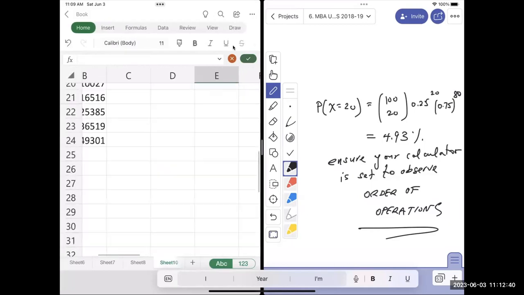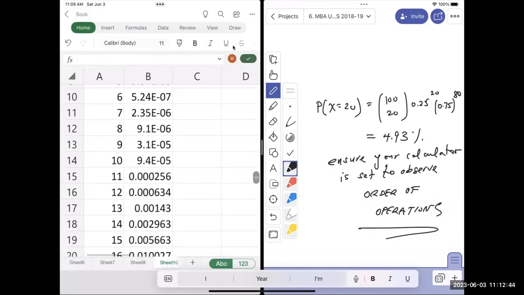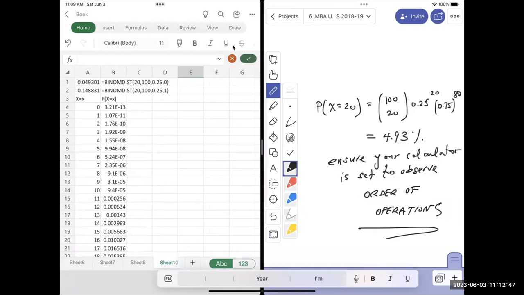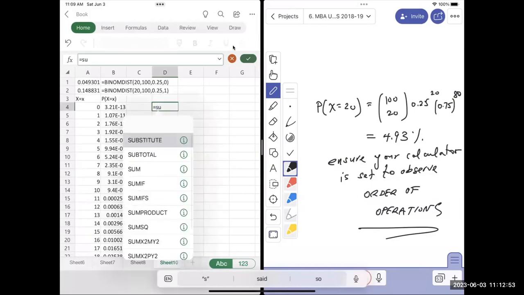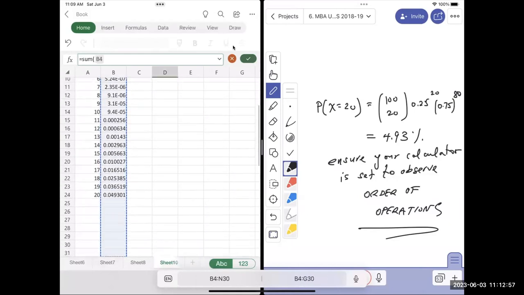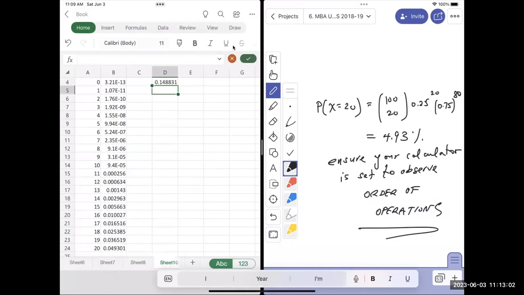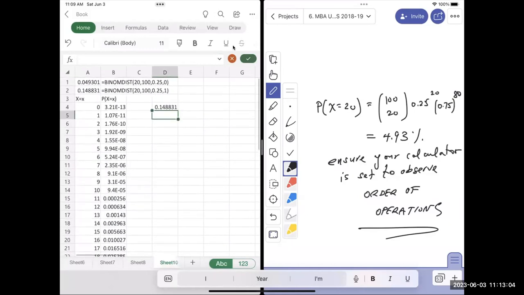All right, so we see here for 20, we got the same answer. That's just at 20. But I would generate the whole distribution for all of them. And let's say if I sum them from here all the way down to 20, that's where that number comes from.